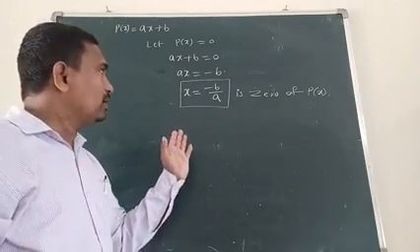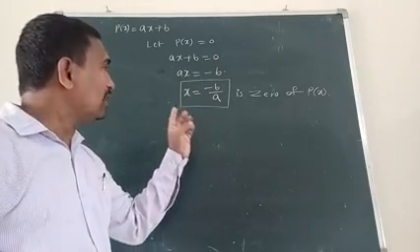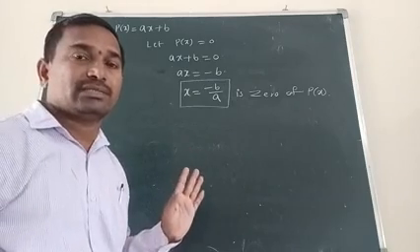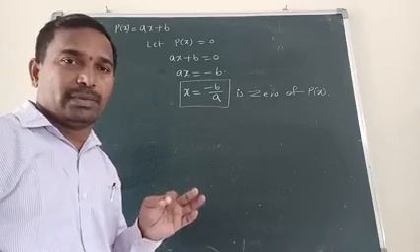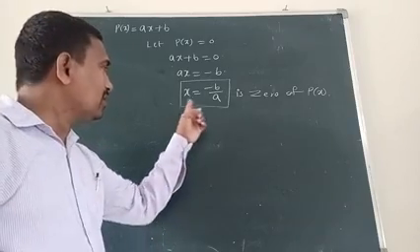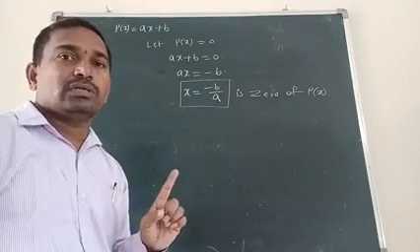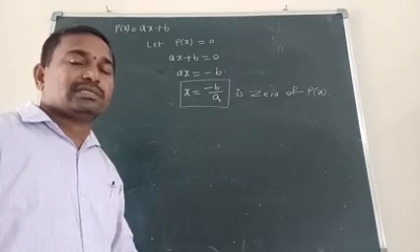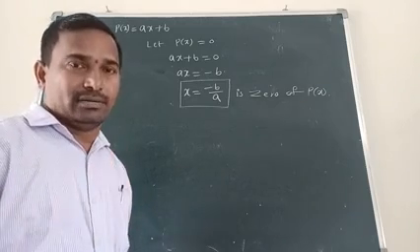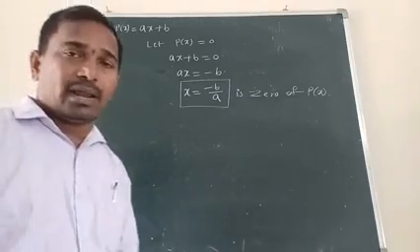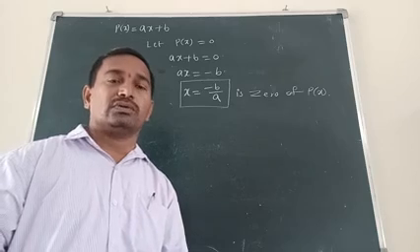How many zeros exist for a linear polynomial? Tell me. There is only one possibility, only one value. So the number of zeros of a linear polynomial is only 1. For a quadratic polynomial we have 2 zeros.